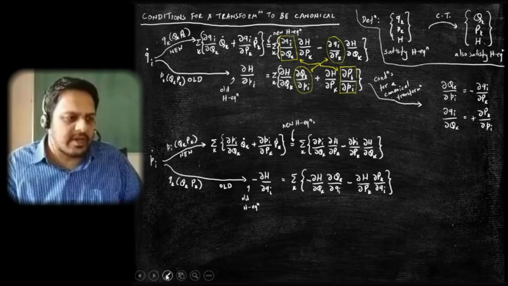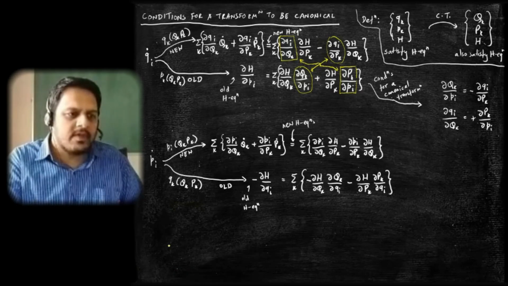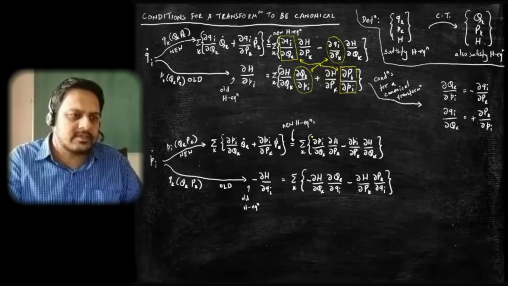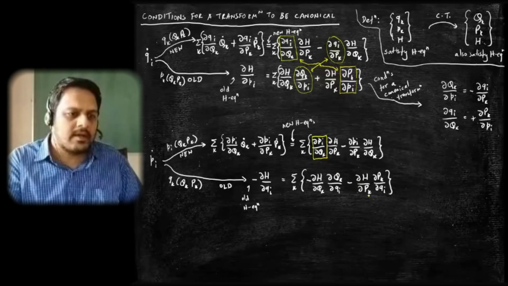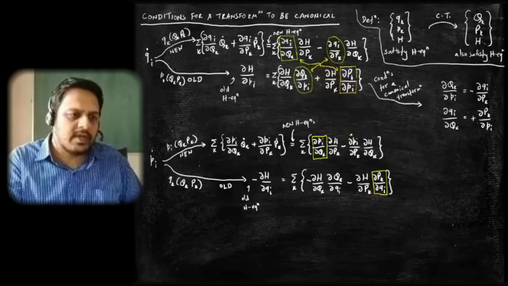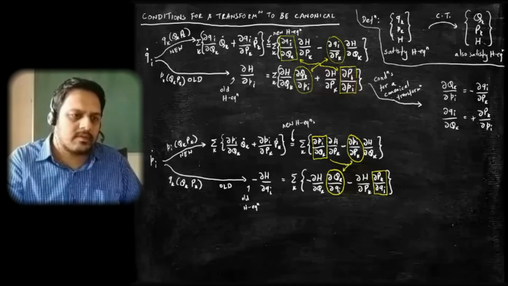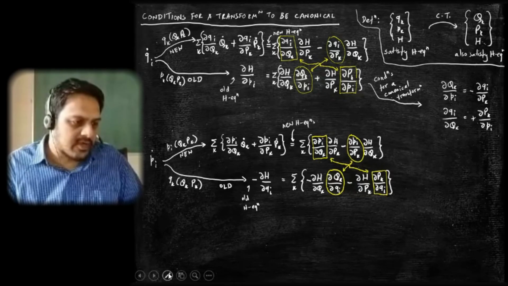Once again, if you try to group the terms together, you will find that ∂H/∂Pk has this guy and this guy, and ∂H/∂Qk has this guy and this guy, and therefore they should be equal to each other. Please take very good care of the minus signs.